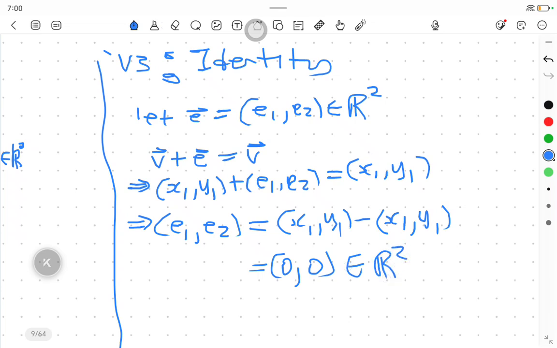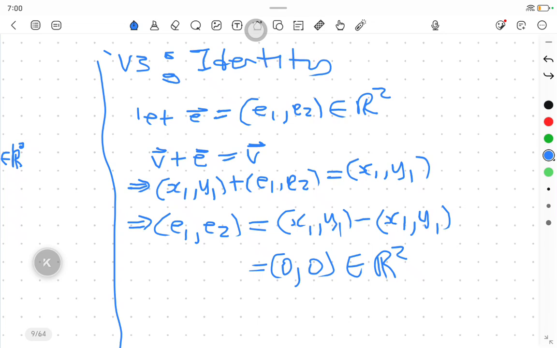So actually, initially I shouldn't have said that this is an element of R squared. Even if I didn't say it, it will still be fine. But we realize that this is an element of R squared. We can just say it at the end. But even if we say it here, we're still okay, because we know that they're going to be 2. So now we see that we got 0, 0. Is this the 0 vector?